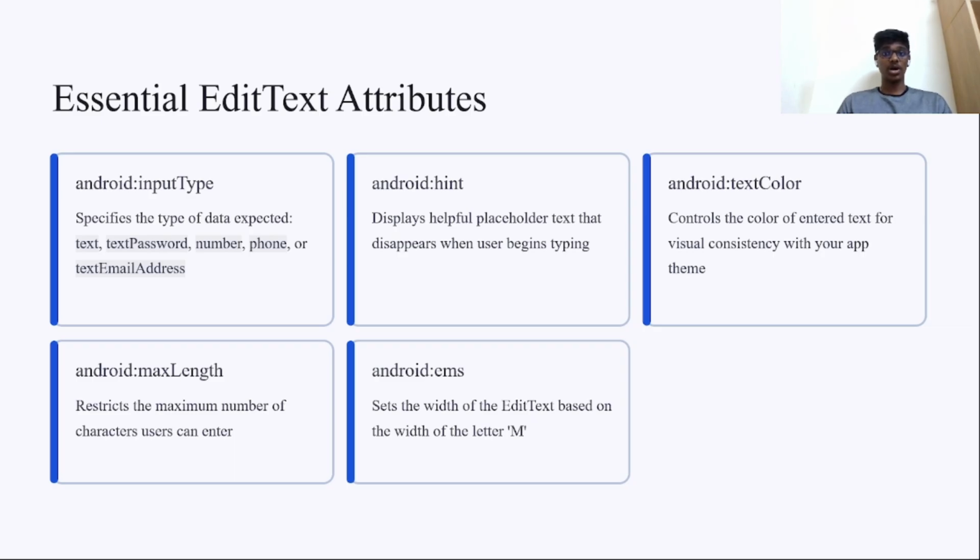For example, text, password, number, email, phone, etc. android:hint is the placeholder text. android:textColor lets you control the text color to match your app theme, according to your background. android:maxLength restricts how many characters can be entered. You can set the size. android:ems sets width based on the letter M. Use it for uniform input fields. Using the right attribute improves both functionality and user experience.